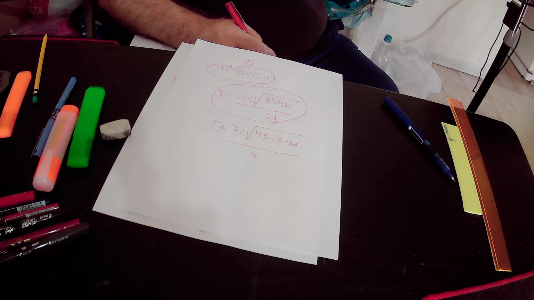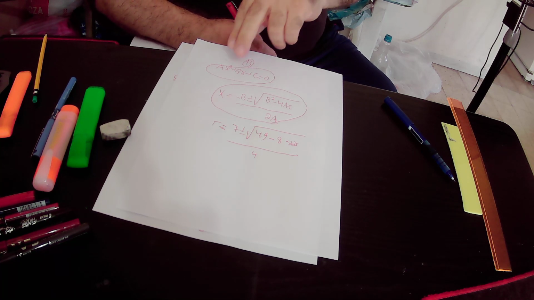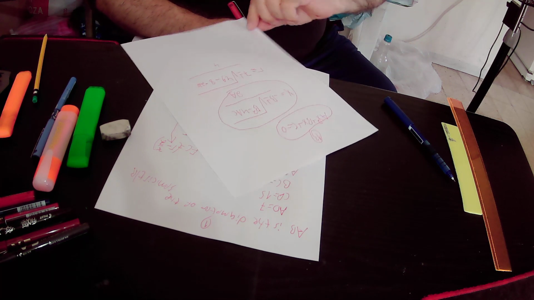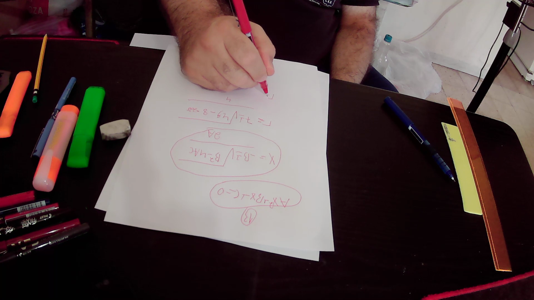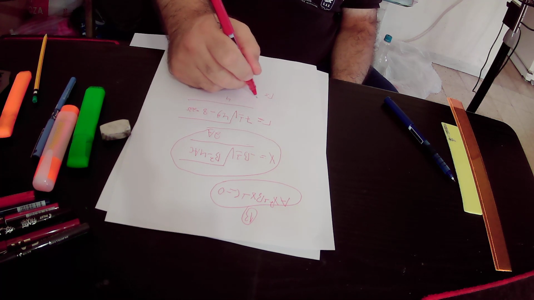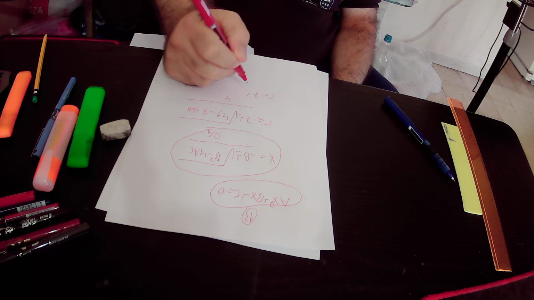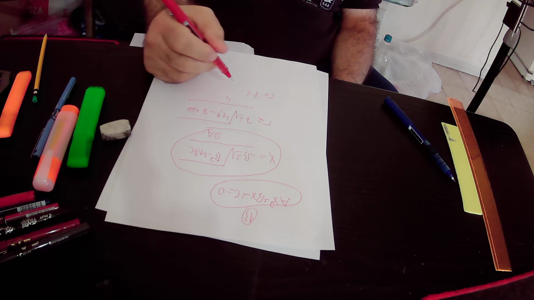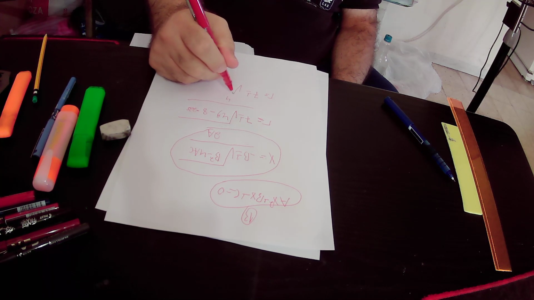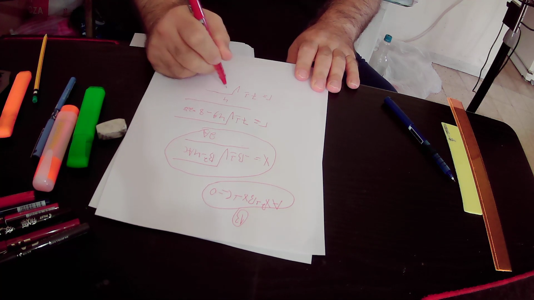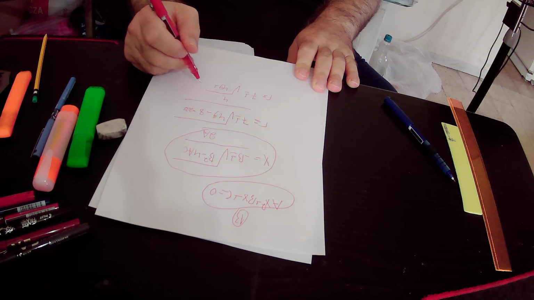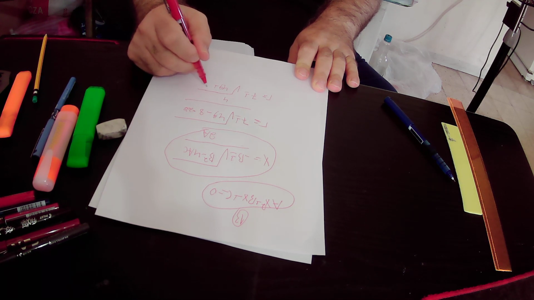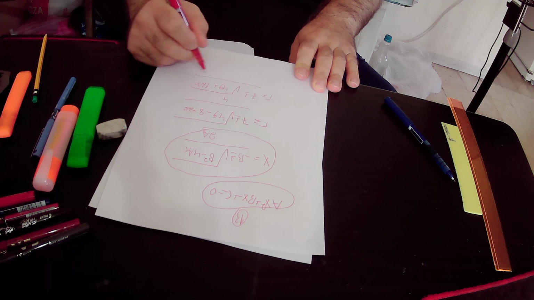Minus 8 times 225 is 1800, so I write it down that r equals 7 plus or minus, so it is the root of 49 plus 8 times 225, which is 1800, over 4.